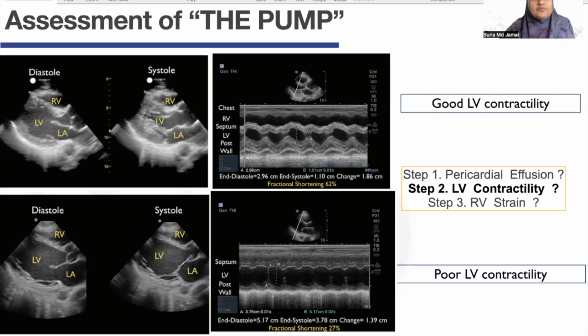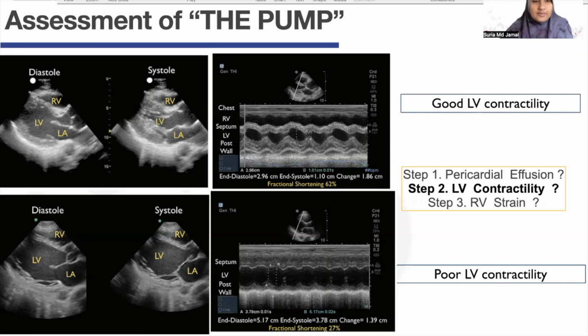You can see there's a difference in the left ventricle cavity. The wall of the left ventricle is actually touching each other during the systole, suggesting good contractility. This is further represented if you look at the M mode of the long axis view and measure the fractional shortening. The fractional shortening is actually 62%.